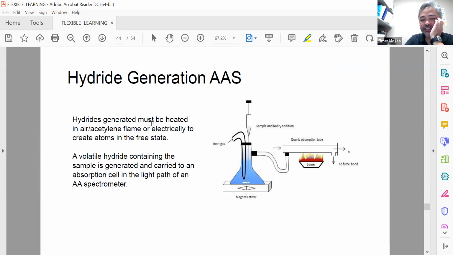So the hydrides generated must be heated in an air and acetylene flame or electrically to create atoms in the free state. So a volatile hydride containing the sample is generated and carried to an absorption cell in the light path of an atomic absorption spectrometer.